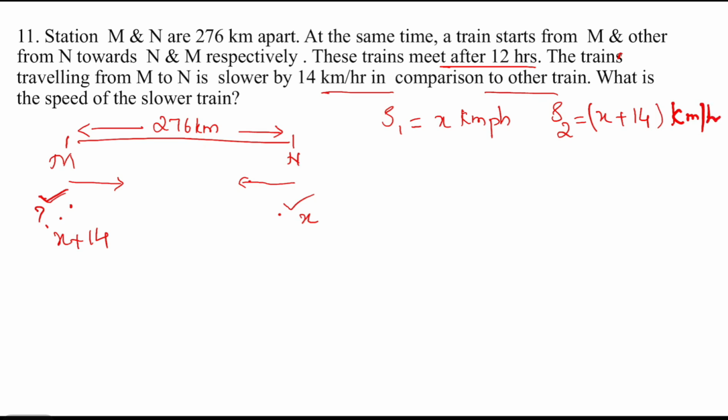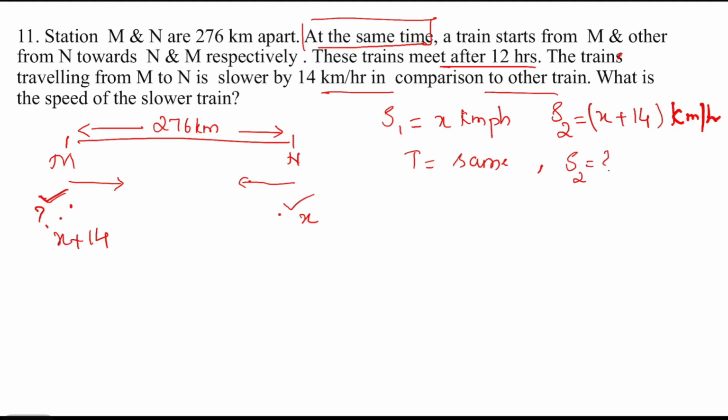Now time is same, because both are leaving at the same time. This is very important. At the same time they are saying. So t is same for both the trains. Now we have to find out the speed of the slower train. To get the speed of the slower train, means S2 speed, we have to find out.